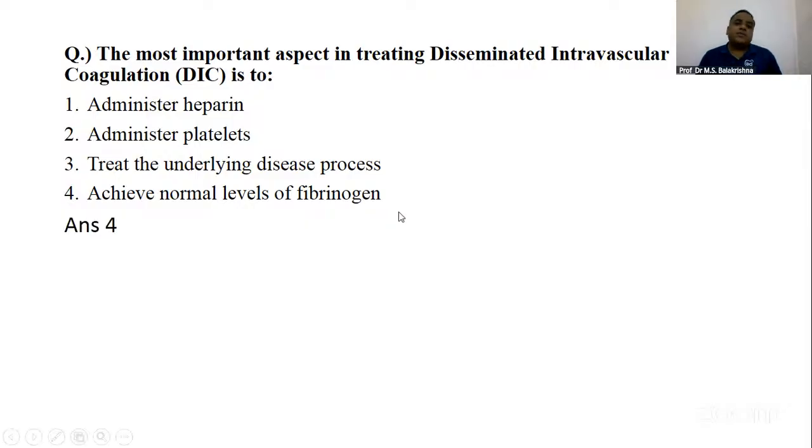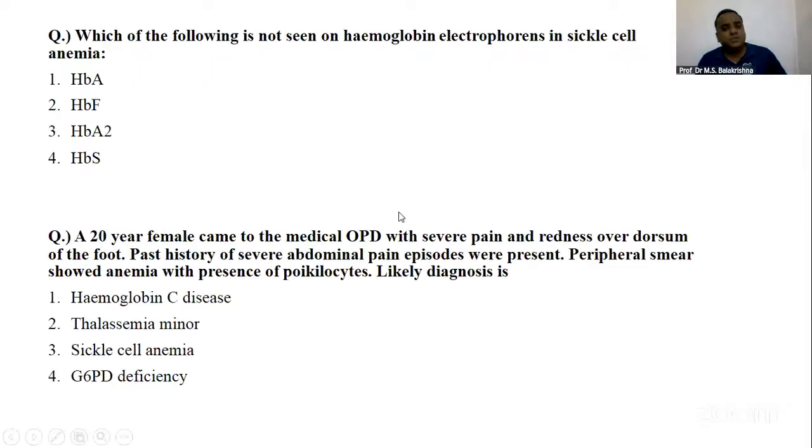Achieve normal level of fibrinogen as far as possible. So which of the following is not seen on hemoglobin electrophoresis in sickle cell anemia? So when you do this electrophoresis in the hemoglobin of sickle cell anemia, what is not seen is the adult type of hemoglobin, HbA.